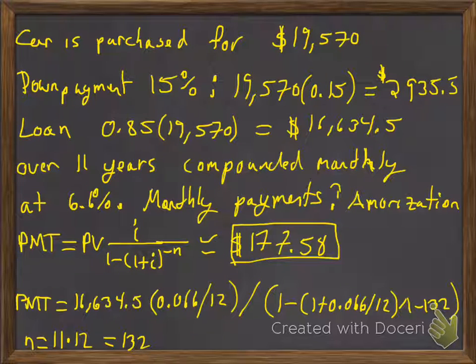Let's go ahead and find how much interest we end up paying here. So how we find that is we're going to take our monthly payments and then multiply by how many of them we made. Well, how many we made is equal to n, which is 132. So we're going to take the $177.58, multiply it by the 132, and then we're going to subtract the present value of the loan, and that's going to tell us the interest.